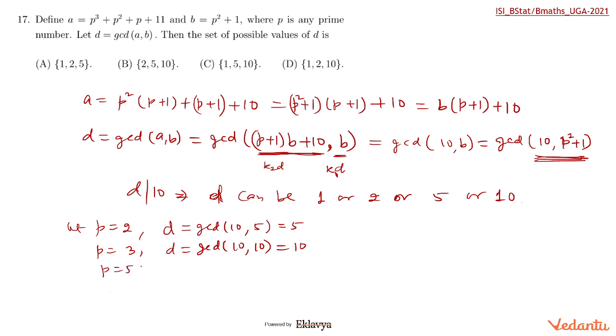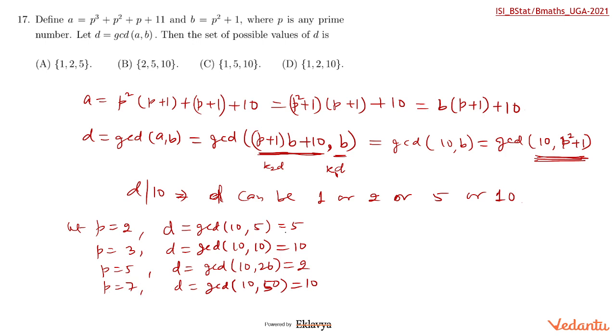When p is 5, checking few initial values, this is 10 comma 26, that is 2 only. So 2, 5, 10 are obviously possible. When you check p as 7, d is GCD of 10 comma 50, that is again 10.